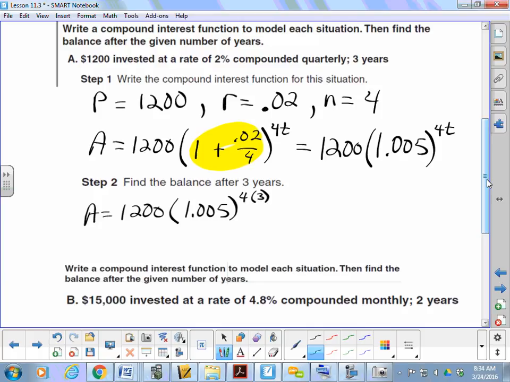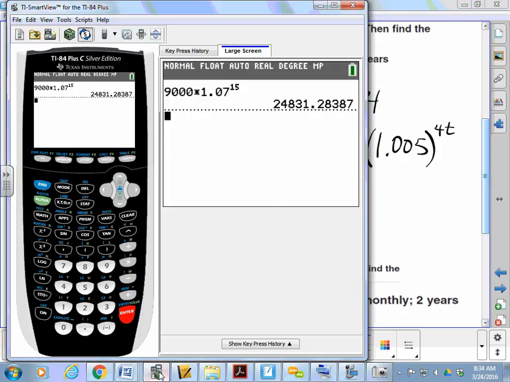So my suggestion is that when you type this in your calculator, you do 1200 times 1.005 and raise it to the 12th power. Do not raise it to the power of 4 times 3.